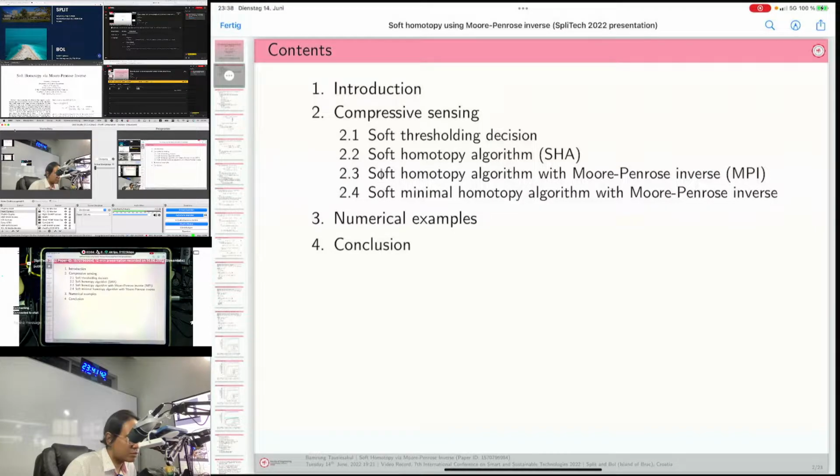The first proposed idea is the soft homotopy, which is based on the conventional method, but it uses the Moore-Penrose inverse. Another one is the minimal version, the reduced complexity version of this one, called soft minimal homotopy algorithm with Moore-Penrose inverse. After that we will see a numerical example, whether these two proposed methods work well or not, and finally we will see the conclusion of this presentation.